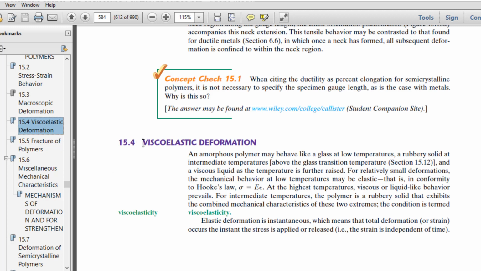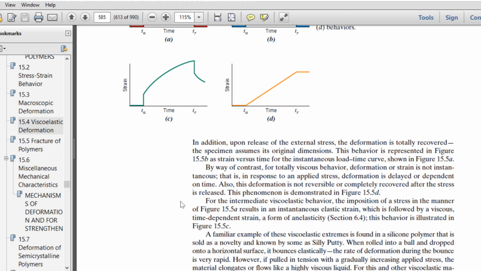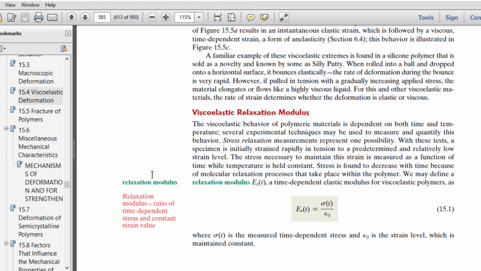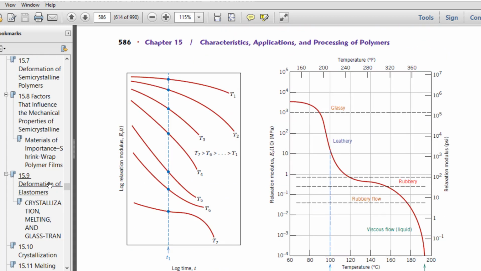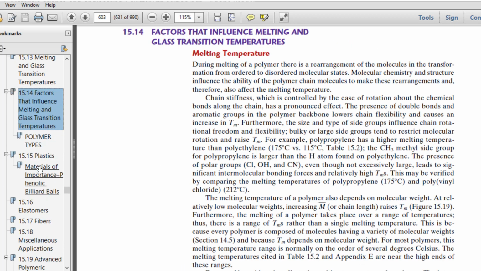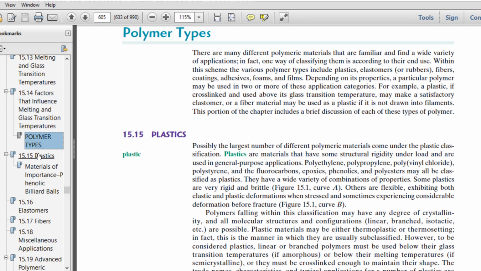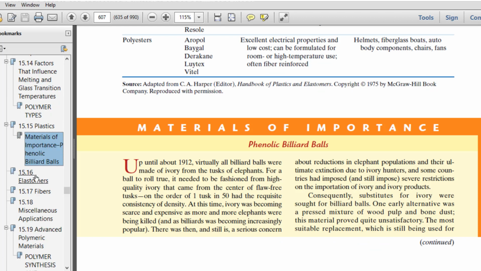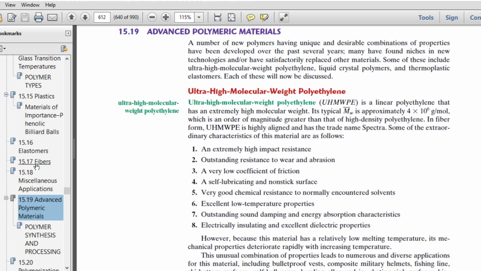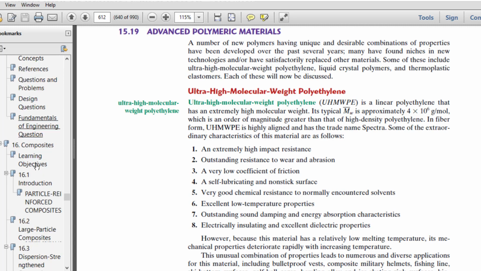So you can study this viscoelastic deformation. What is this viscoelastic one, okay. So I tell you that this chapter is not so important, however you can just read on a surface level, okay. This chapter number 15 you can skip, no need to worry.